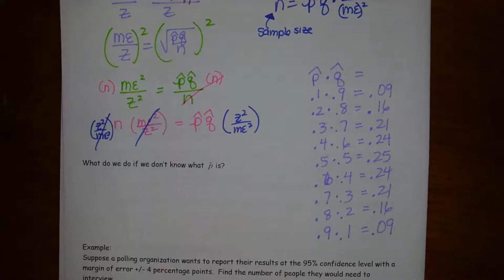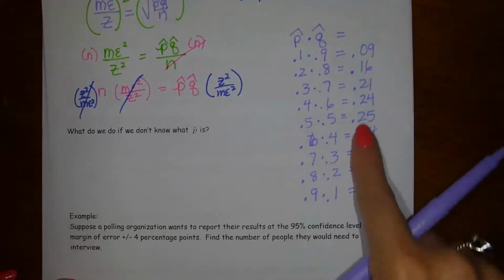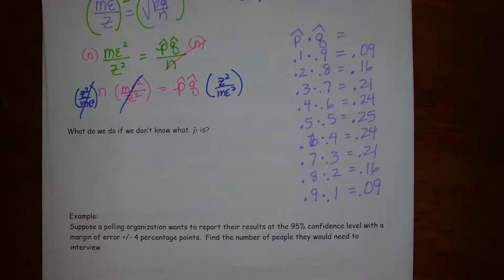So if you don't know P hat, they didn't give it to you, and you still want to estimate how many people should you survey, which of these do you think is the best answer for P hat? Which one's going to give you the biggest sample? Yes.